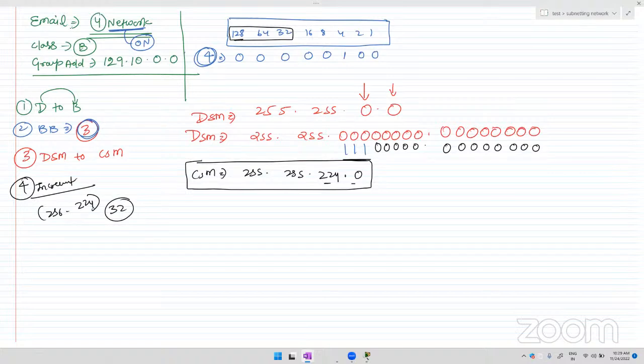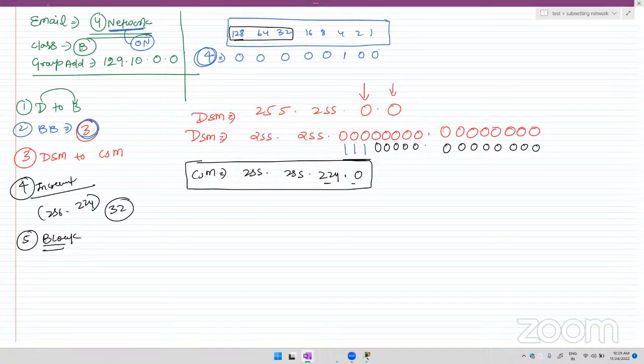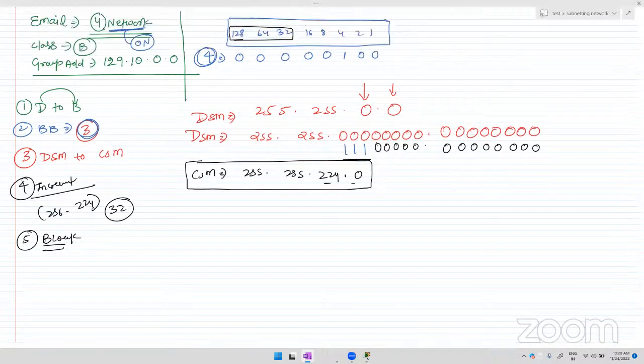Now, fifth number task, the block. So the network address is this one, 129.10.0.0. Can you please verify in this address how many octets are full or we can fill?